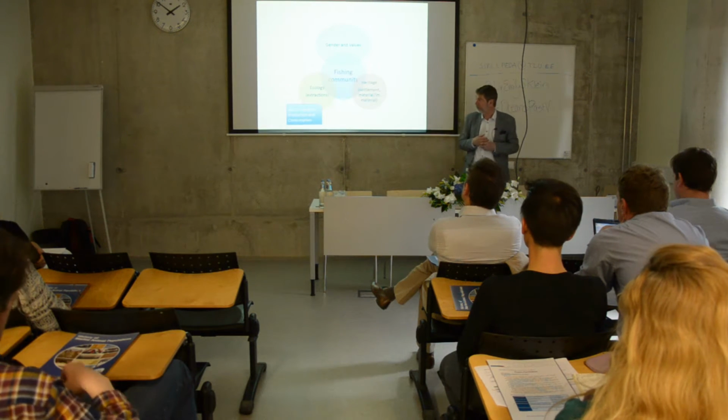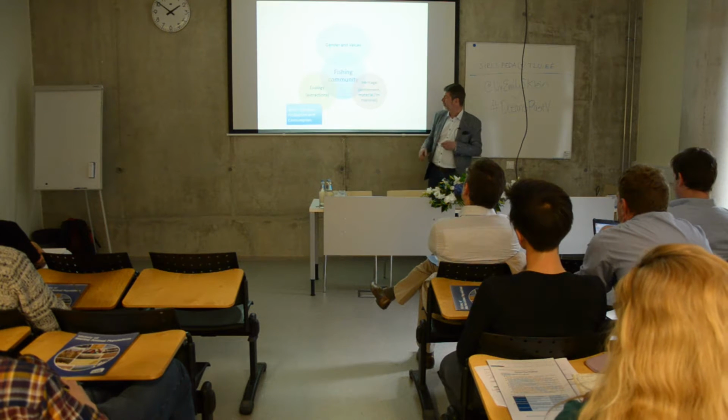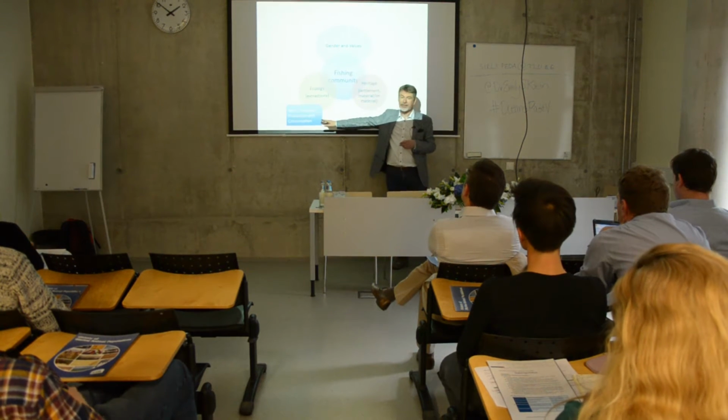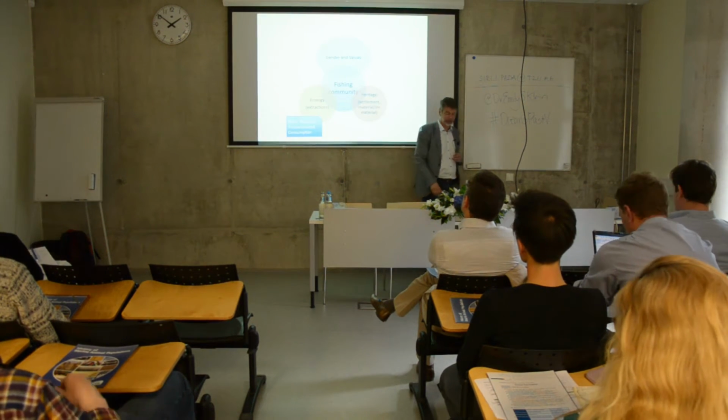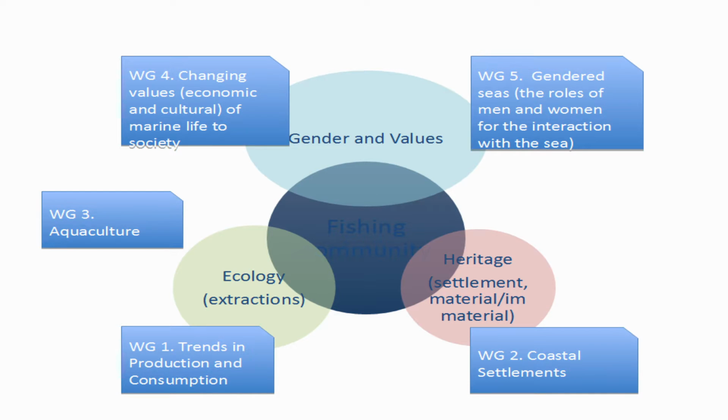We have established 5 working groups. The first working group looks at trends in production and consumption. The second looks into coastal settlements. The third one into changing values, economic and cultural, of marine life to society.